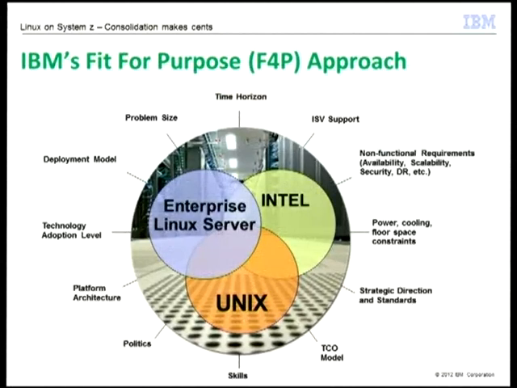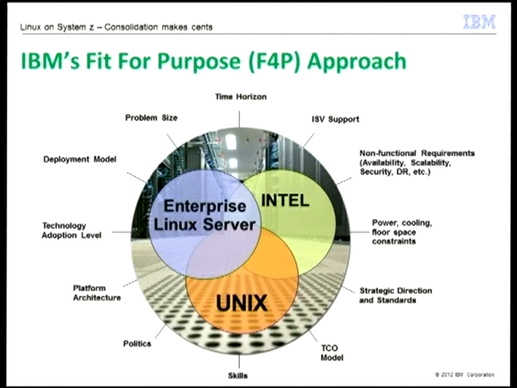So, as I already said, that's the idea of IBM's fit-for-purpose approach. By all means, put on Intel x86 what runs best on Intel. That's of course fine. But there are some workloads that don't run best on Intel, and those may be better off on a different platform, which may happen to be the mainframe.